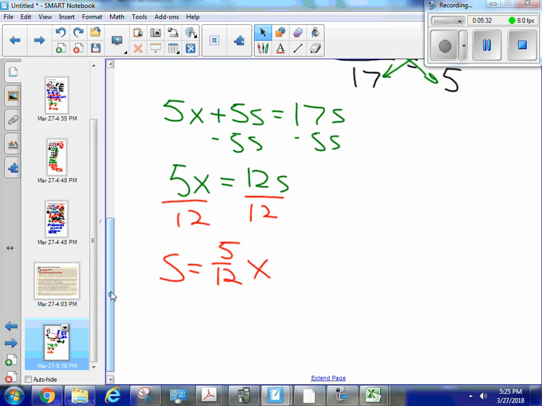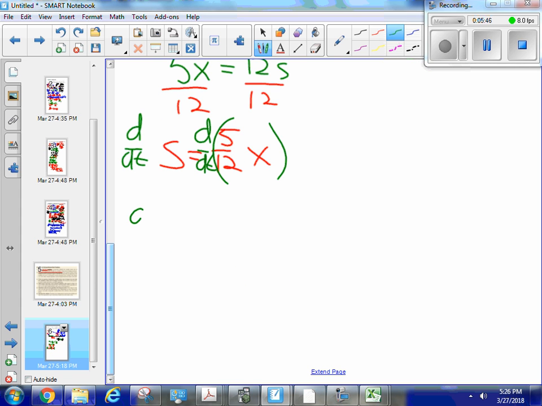Well, how about I take the derivative with respect to time of s and the derivative with respect to time of this expression right there. So I have the derivative of s with respect to time is equal to 5/12, pulling the constant through the derivative, dx dt.